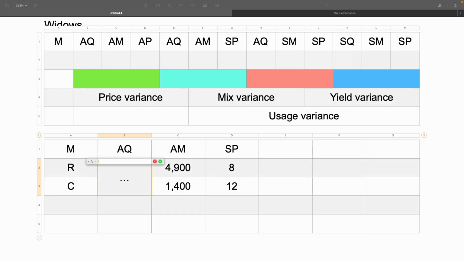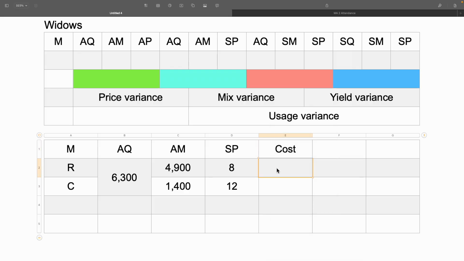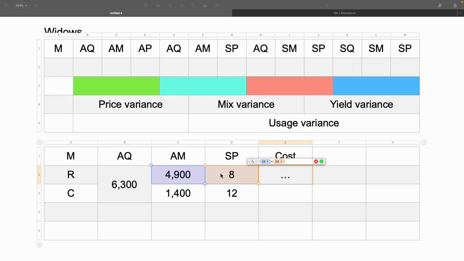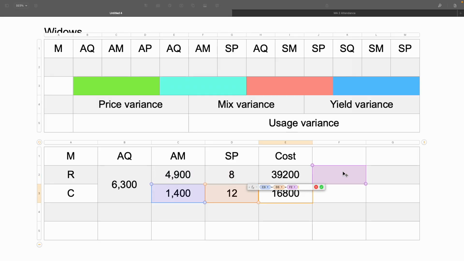This one is going to be this plus this. So that's about 6,300 broken down by actual mix and standard price. So you can get the cost. Okay, so the cost is going to be... Right, that's your actual cost.